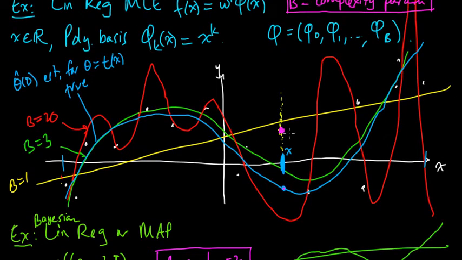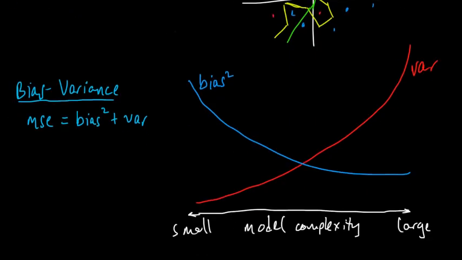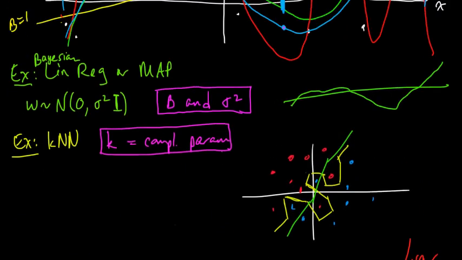When b was 1, the variance is not too bad, right? When we got all these different lines, it's not too crazy. They're all sort of centered around here. So the variance was small when the model complexity was small.